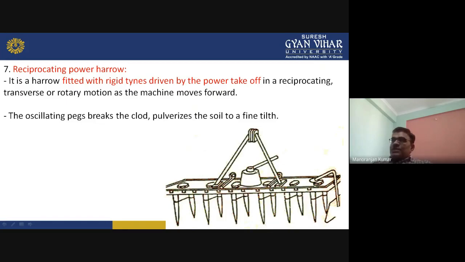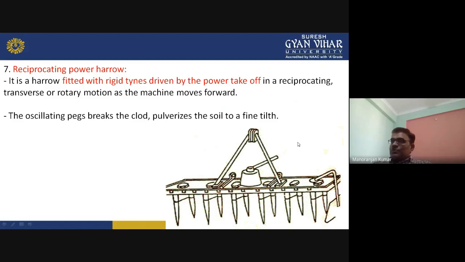It is moved in a reciprocating, transverse or rotary motion as the machine moves forward. With the help of this 3-point hinge, it is connected to the tractor, and this is connected to the PTO shaft.